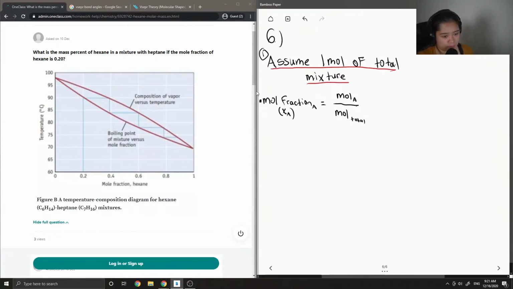Okay, so then if they gave us the mole fraction in the question, we can calculate how many moles there are of hexane.